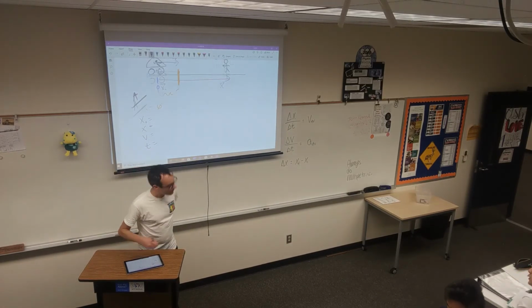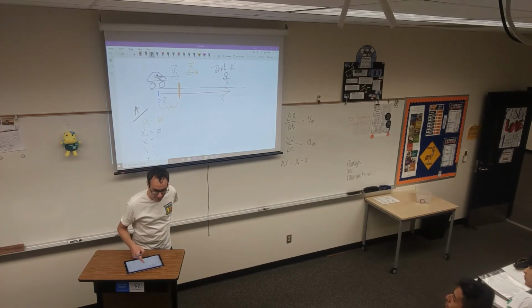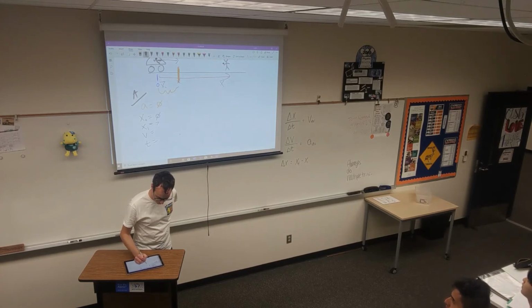Again, I'm making this 0, so my initial position is 0. My final position is what I'm looking for, this new position. I'll call it position 1. That's the new position right here.